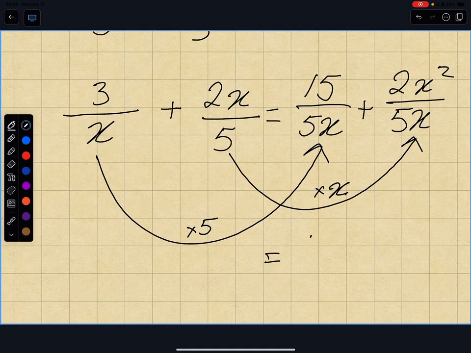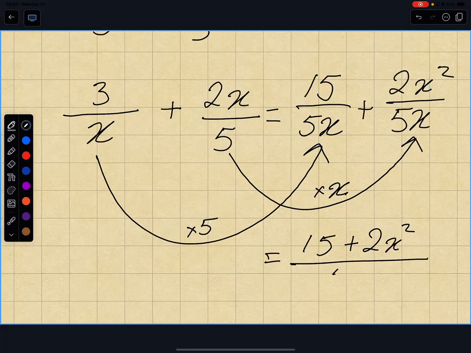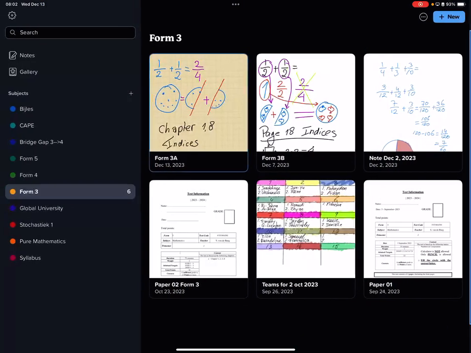You add them together. 15 add 2x squared divided by 5x. Wow. Math is so easy. Extremely easy. If I find it easy, everyone finds it easy. I was the worst in math.